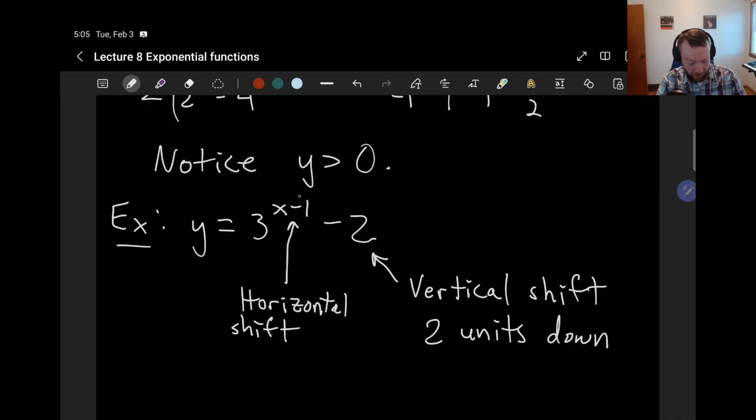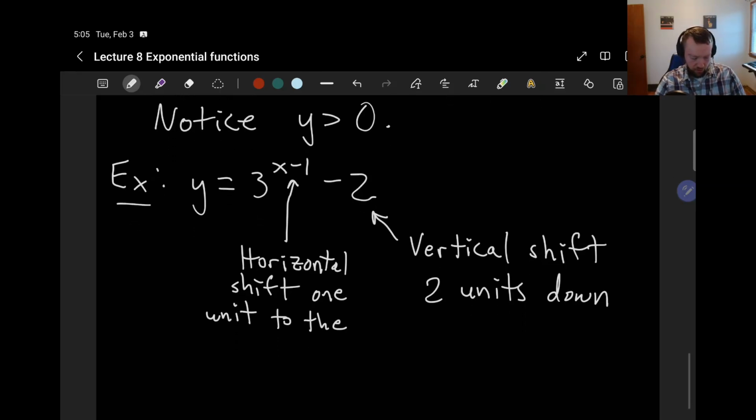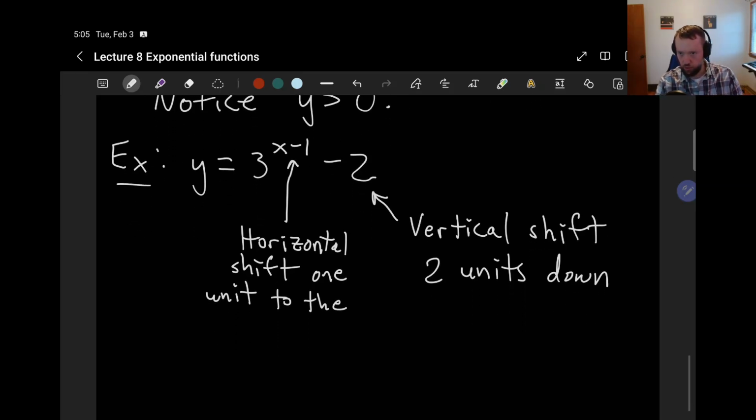Think of it as the -1 is applied directly to the x. So that's affecting things in the x direction, horizontal. This horizontal shift will occur 1 unit to the right.